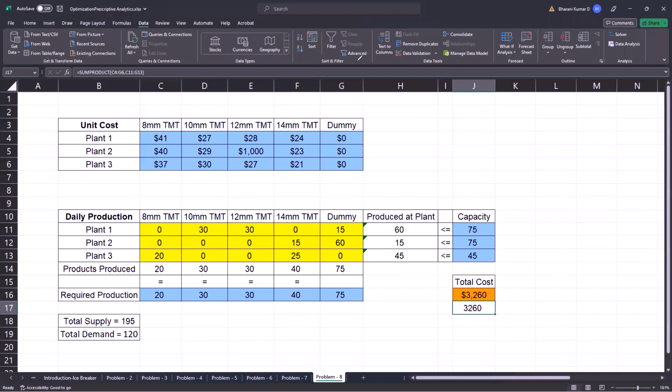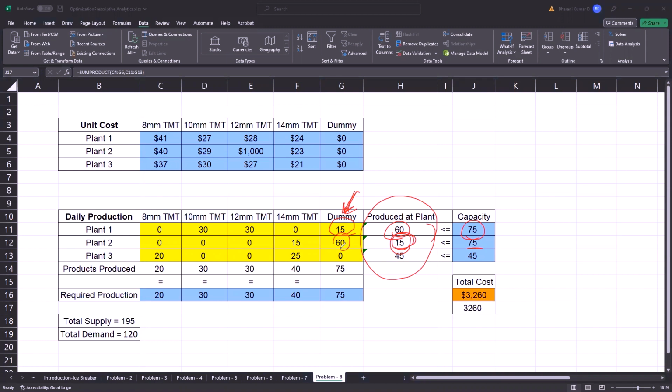Having said that, the one change that you'll observe is here. Here, the capacity is total 75, but how many have you produced? Only 60. So another 15 is part of your slack variable. This dummy is nothing but your slack variable, which will capture the leftover part. Plant 2 has a capacity of 75, but you have only used up 15.